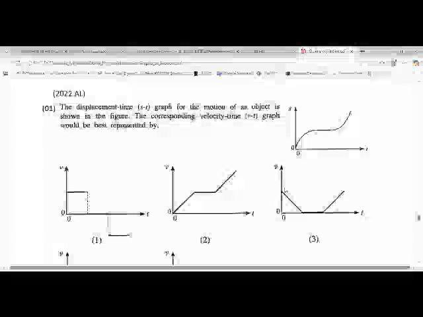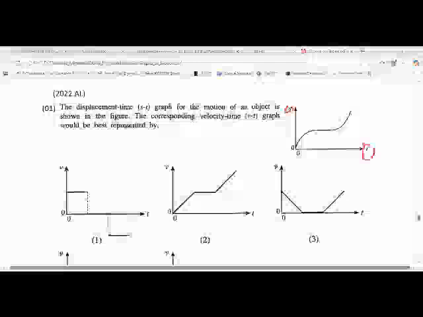2022. The displacement time graph for the motion of an object is shown in the figure. The corresponding velocity time graph would be best represented by. Here the given graph is a displacement time graph. You have to find the suitable velocity time graph.